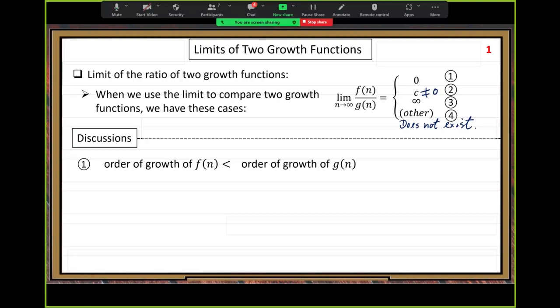Here we give a terminology: we call this case the order of growth of f of n is less than the order of growth of g of n. Here we use a concept called order of growth. You may wonder, what's the exact meaning of this order of growth? I will explain it later.